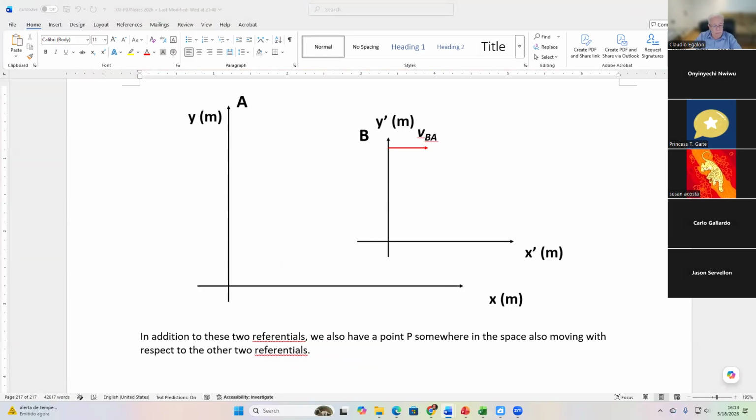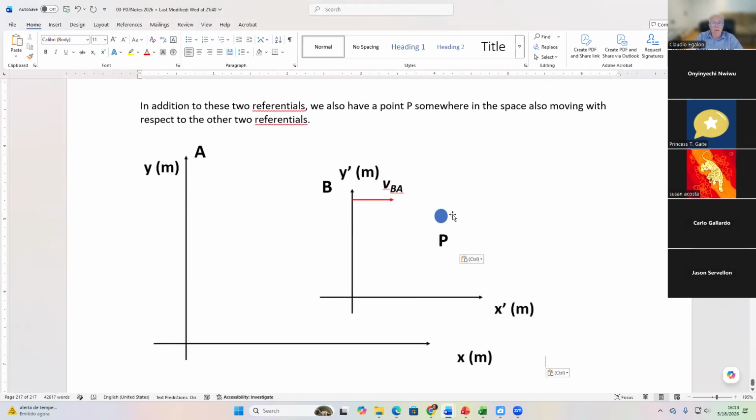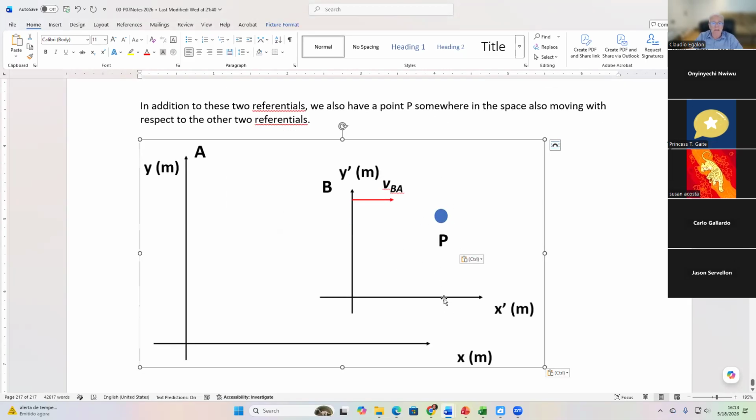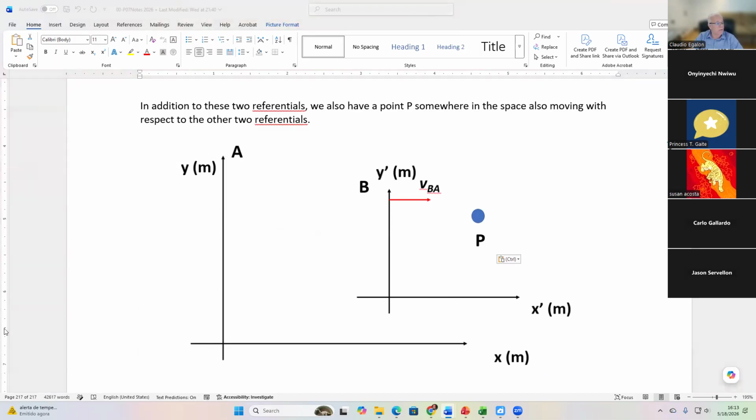And then I'm going to illustrate the point P right in here. It's moving with respect to the other two referentials.